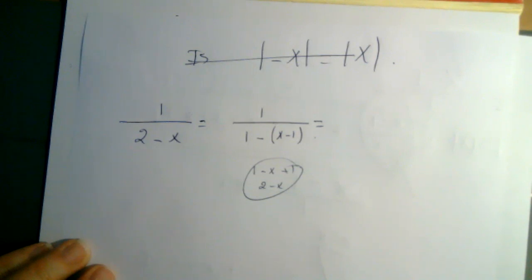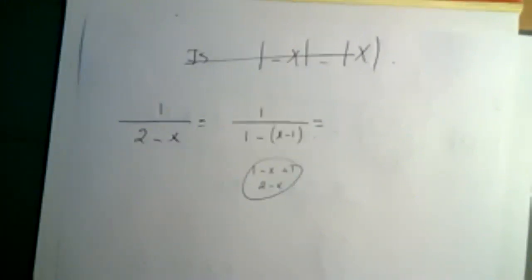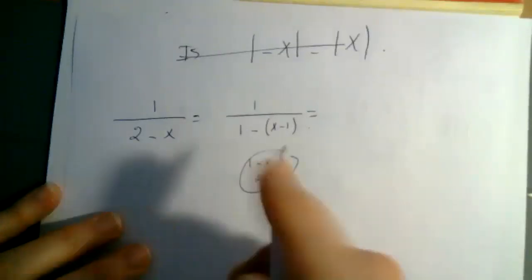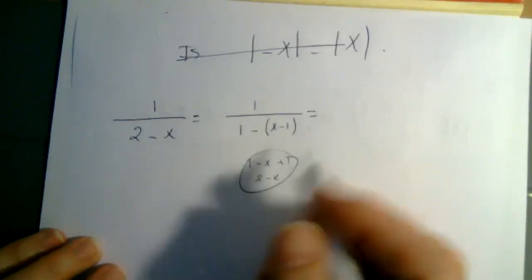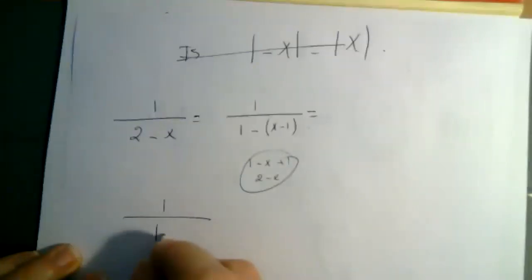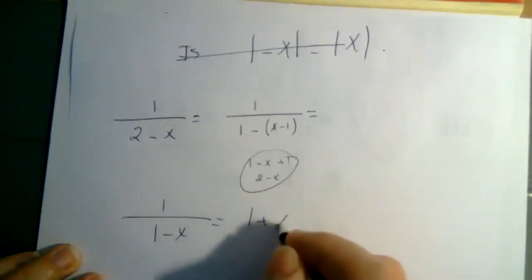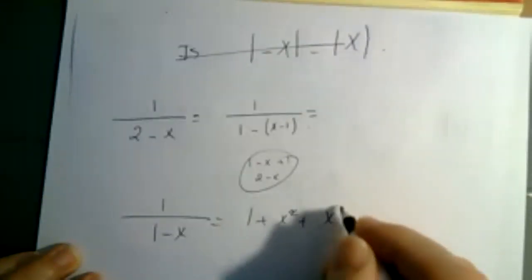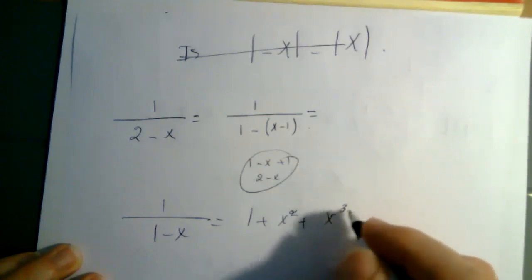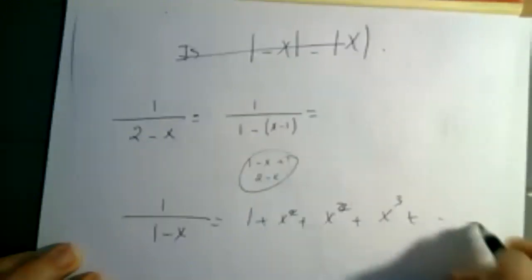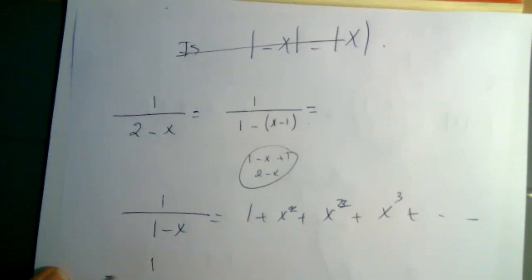Okay, I follow Jordan's approach, and I will tell you why it will work sometimes and why it will fail sometimes. So if I follow Jordan, 1 over 1 minus x is 1 plus x plus x squared plus x cubed plus so on. So according to Jordan, what should I substitute for x?